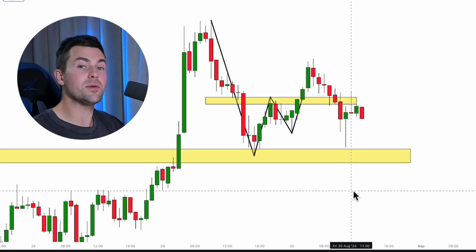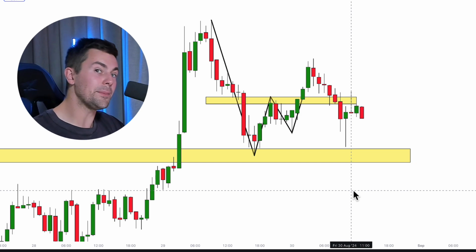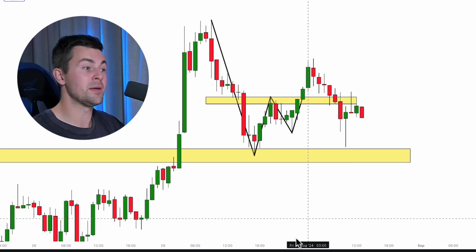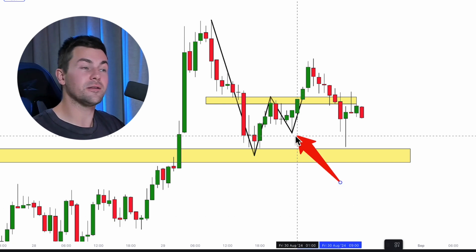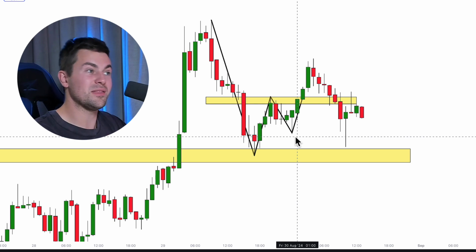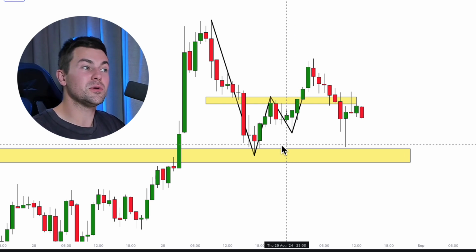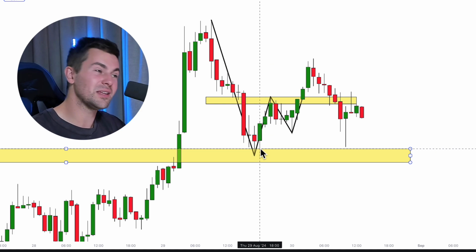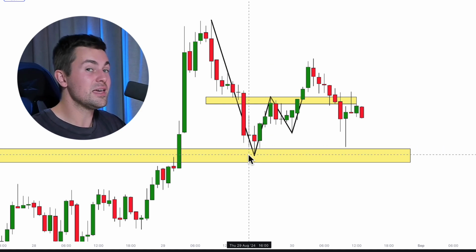What is also very important to note is that the cup and handle formation is more accurate than a double bottom. The fact that the price set a higher low signifies that sellers are so weak that they did not even manage to retest that horizontal structure, that they did not even manage to set the equal low.